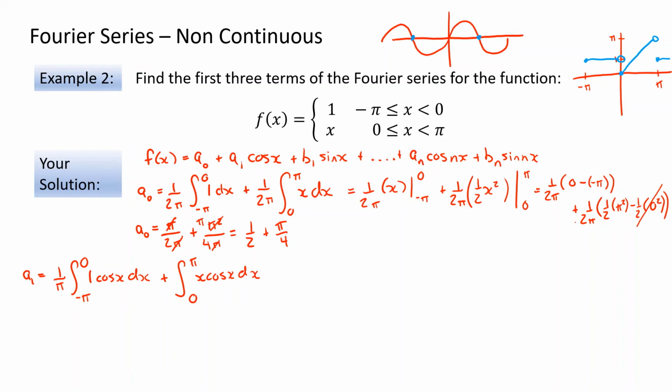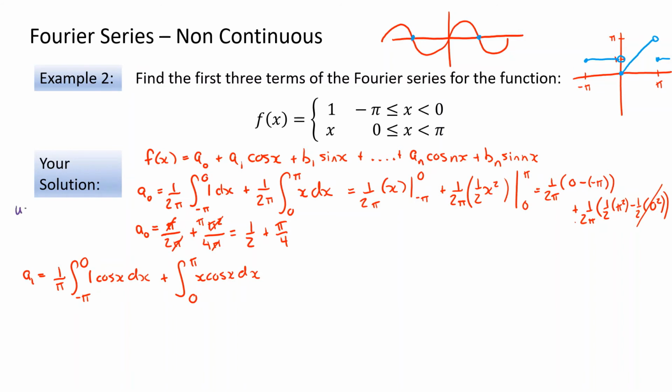It's just the integral of cosine of x, which is sine of x. The second integral, once again, you see that we have to do integration by parts. Okay? So remember what I said when we're doing these types of integration by parts. The non-trigonometric function should always be set as u. Okay? It makes your integration by parts easier.